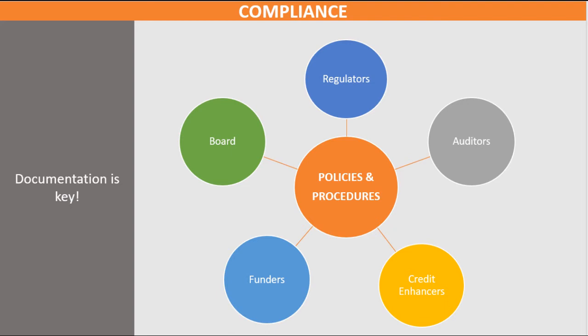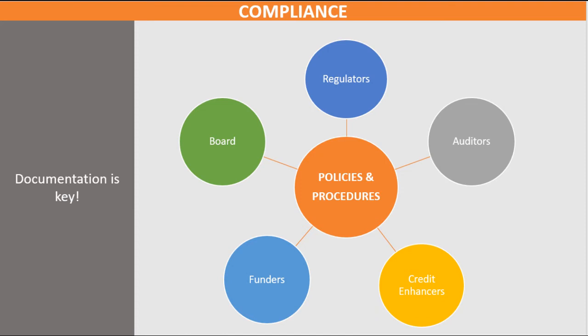NCUA is a regulator for federal credit unions, and they perform annual visits to assess credit risk management activities and compliance with policies and procedures. Auditors can be internal or external as a third party. An audit provides credibility to financial statements, and it can also help improve an organization's internal controls and systems.